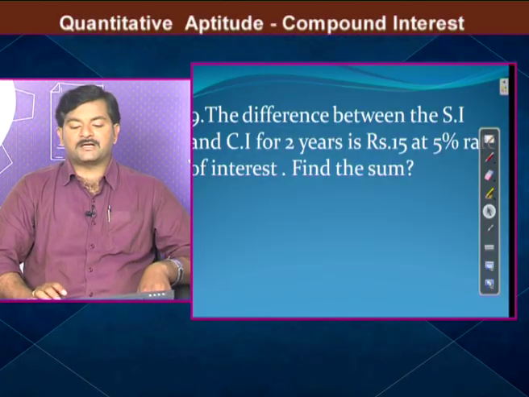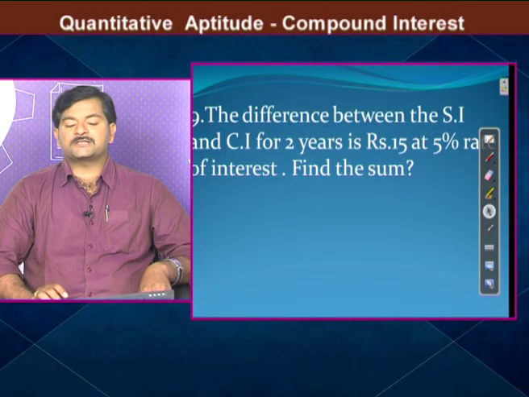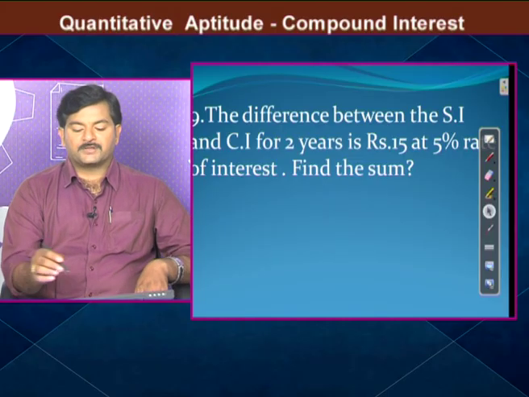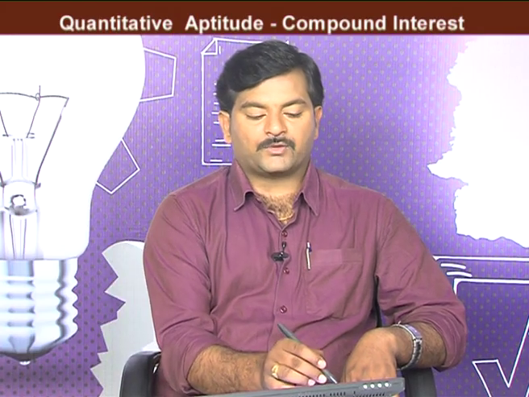The difference between SI and CI for 2 years is rupees 15 at 5% rate of interest. Find the sum. The difference given is 15 rupees, the rate of interest given is 5%, and we are asked to find the sum. For how many years? For 2 years.